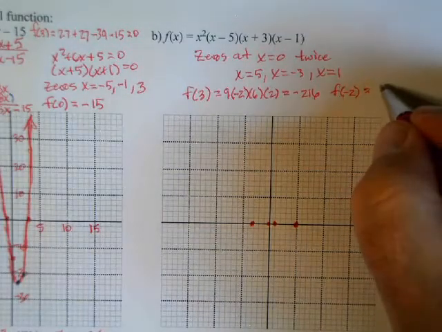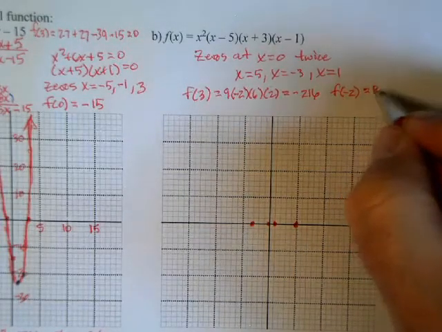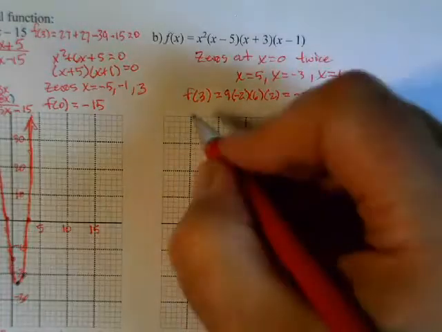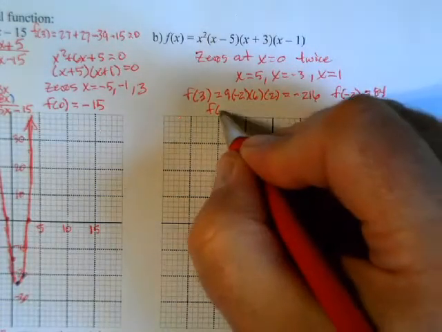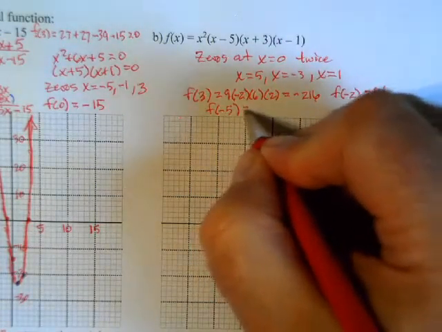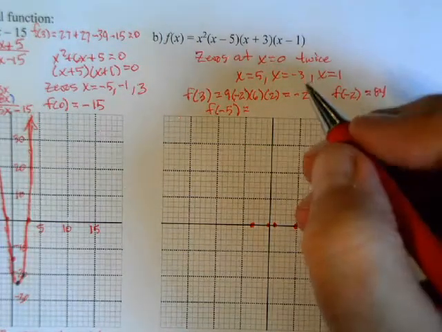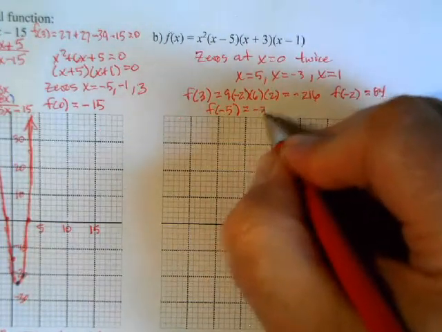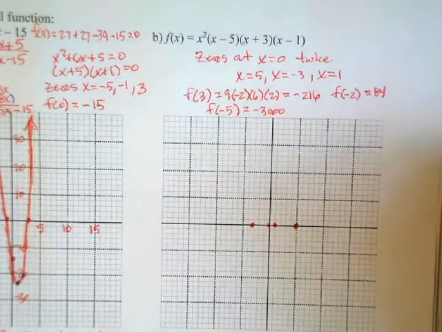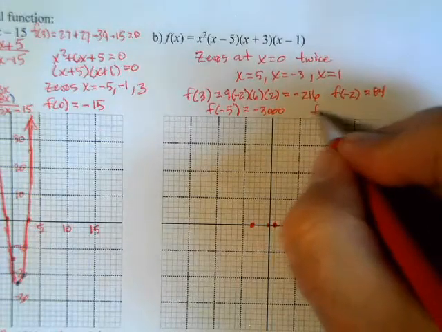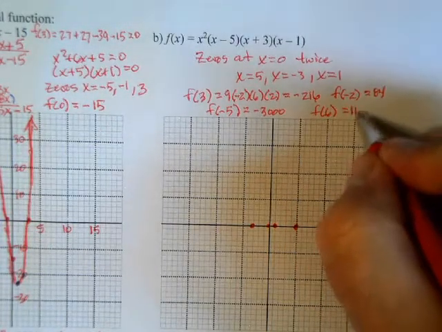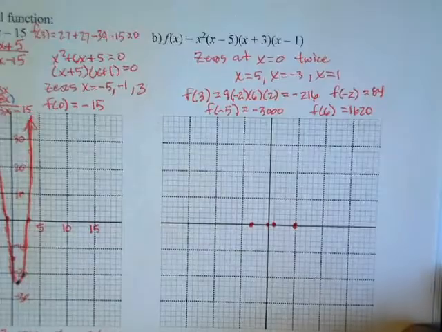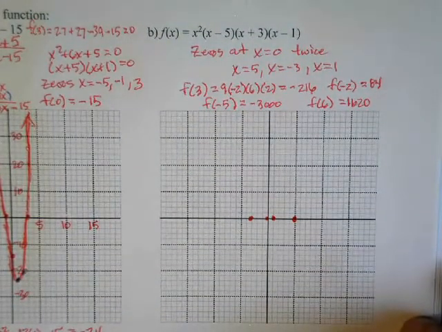If we did f of -5, that actually ends up being -3,000. And if we did f of 6, that ends up being 1,620. You can go ahead and work all those out if you want to. So, it really falls off over here. It really skyrockets over there.